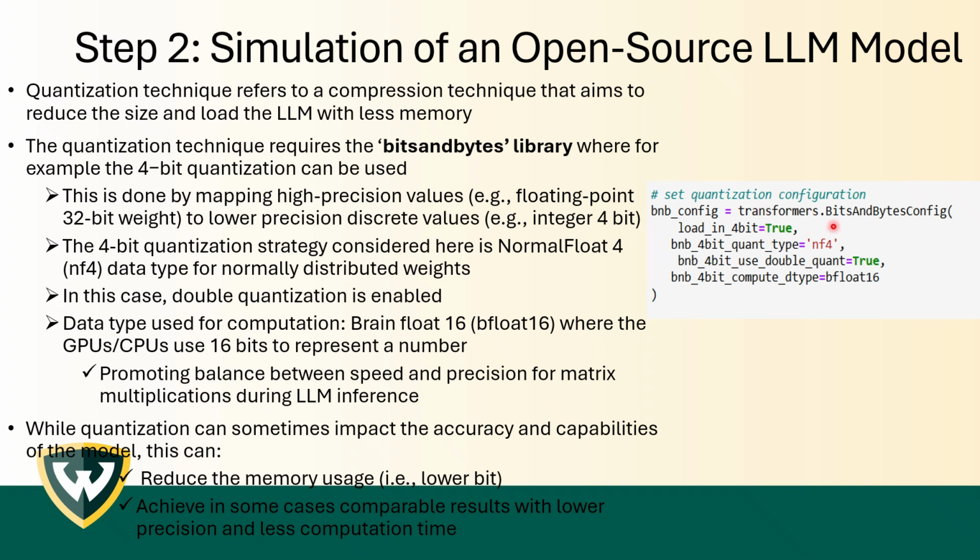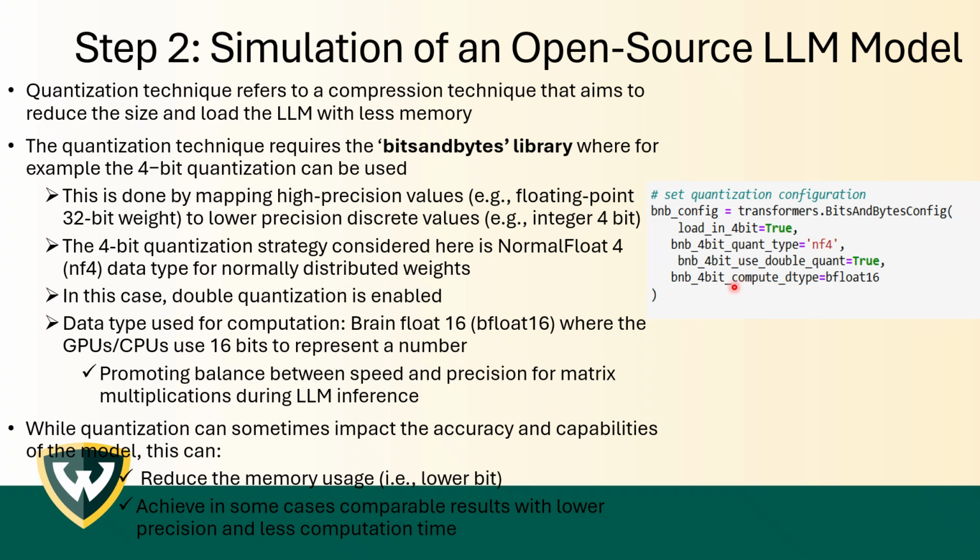The quantization technique is done by mapping high precision values, such as floating point 32-bit weights, to lower precision discrete values, such as integer 4-bit, which is the case here. The 4-bit quantization strategy considered here is the normal float 4 data type for normally distributed weights. And in this case, we enable double quantization in order to quantize the quantized constants in order to reduce the memory usage.